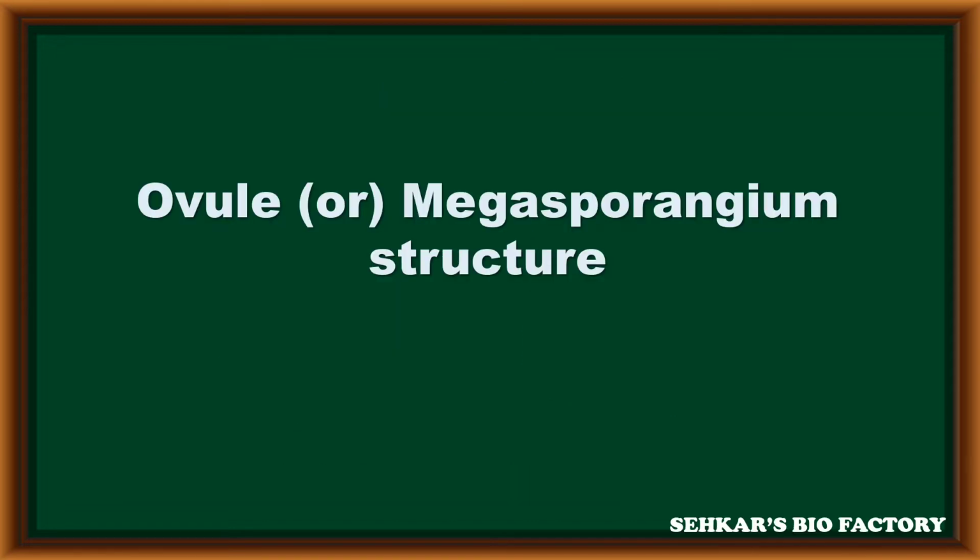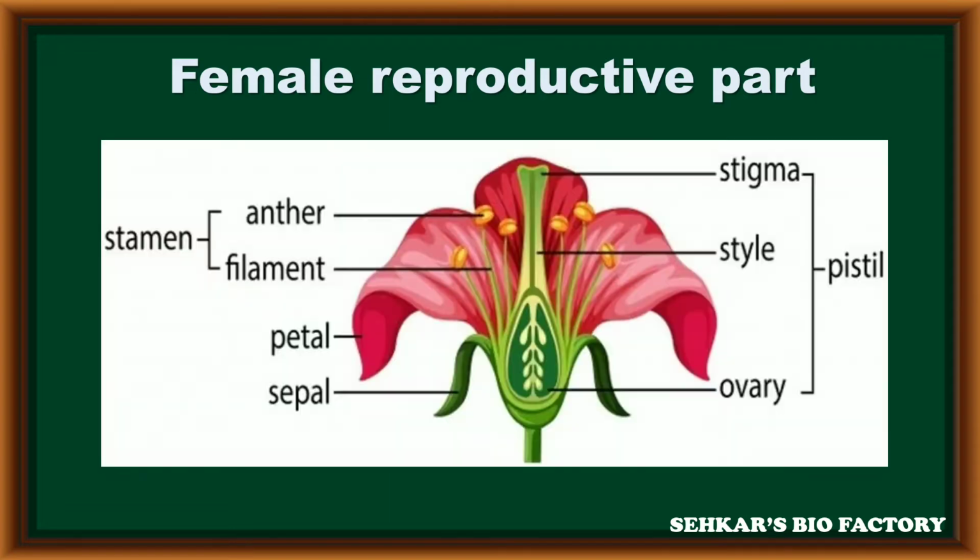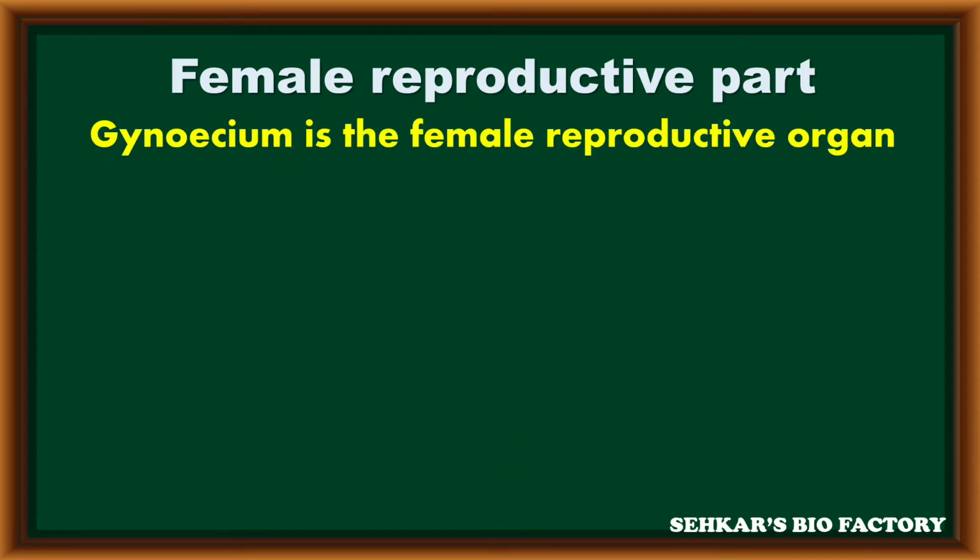In this video, I am going to explain the female reproductive structure in a flower, that is, the ovule or megasporangium structure. In the structure of a flower, gynoecium is called the female reproductive organ.